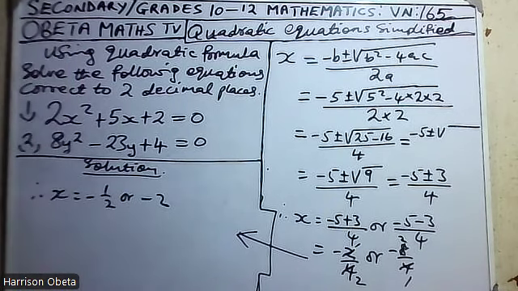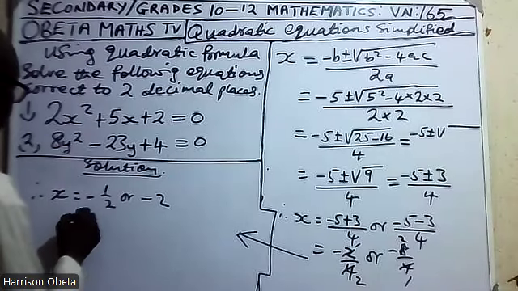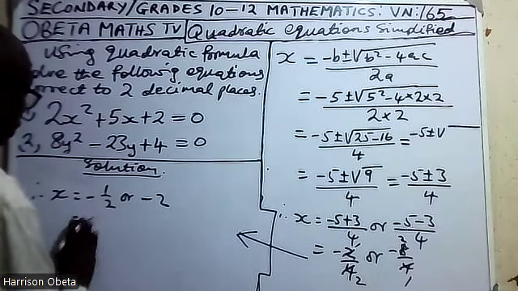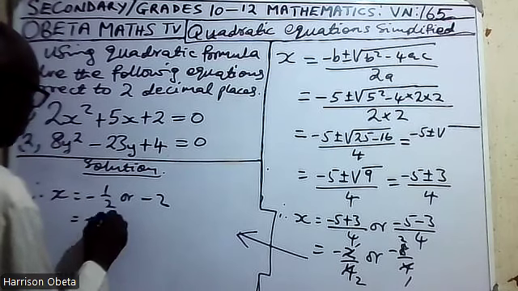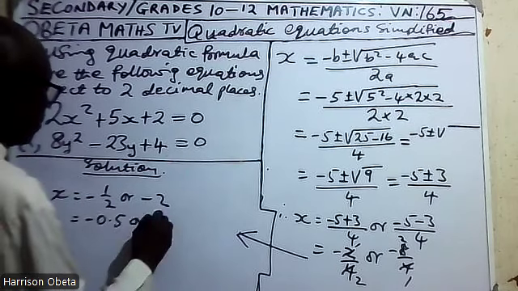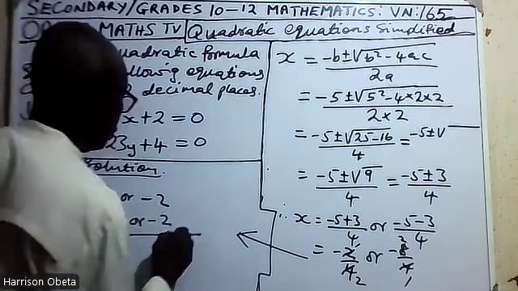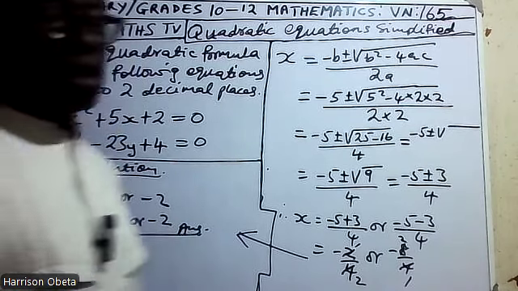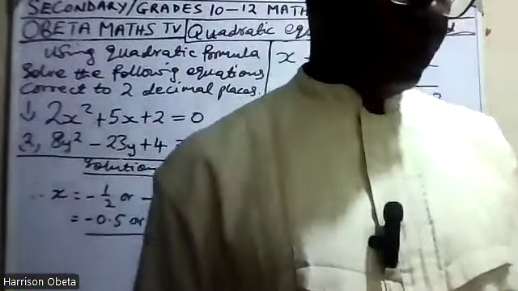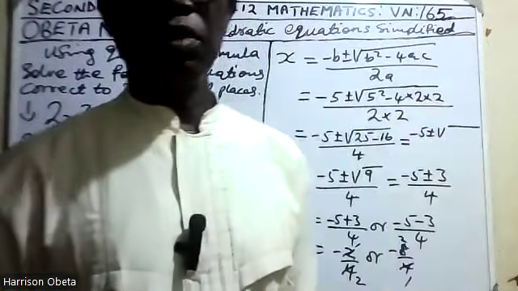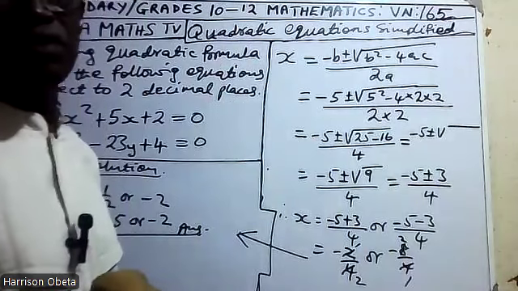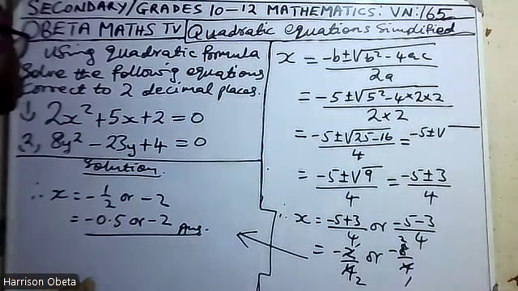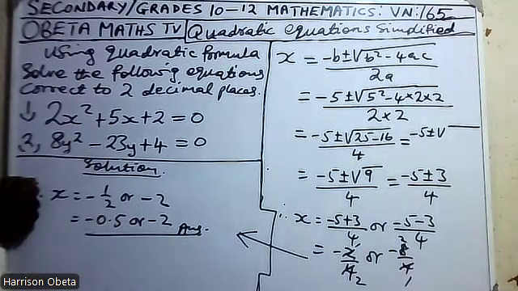To two decimal places, we have minus 0.5 or minus 2. So this is the answer to question number 1. So we quickly go over to question number 2.